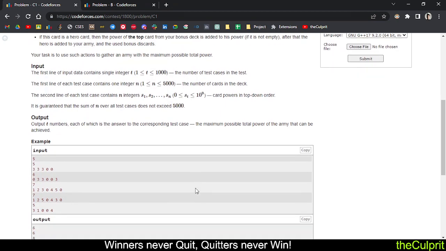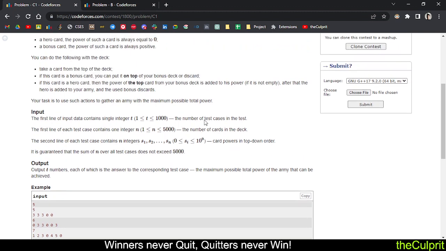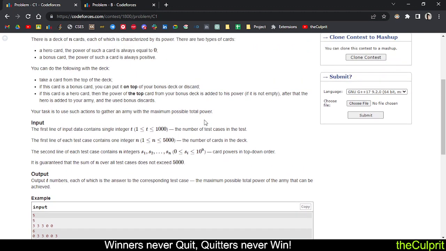So still I'm struggling to understand this question. There are 2 types of cards. One is a bonus card and one is a hero card. The hero card has power 0. Bonus cards have power. I can take a card from the top of the deck.